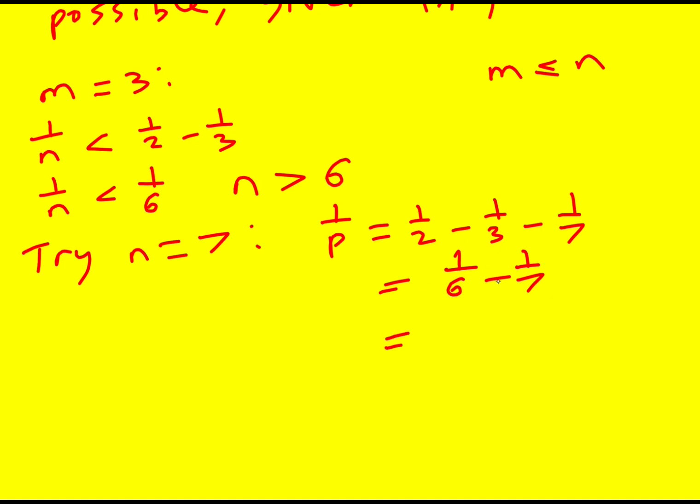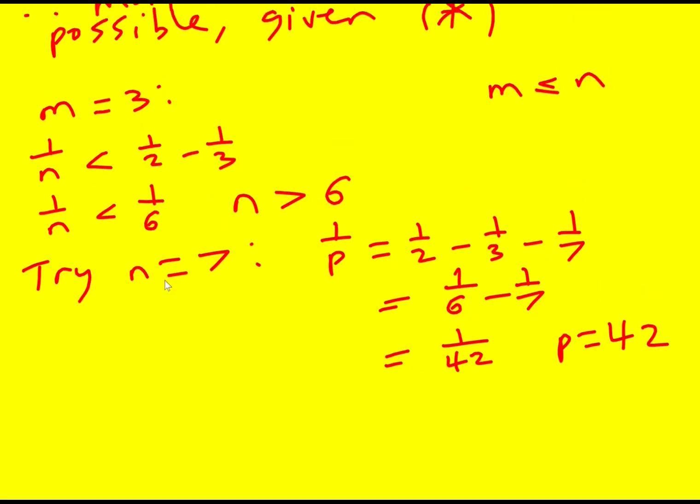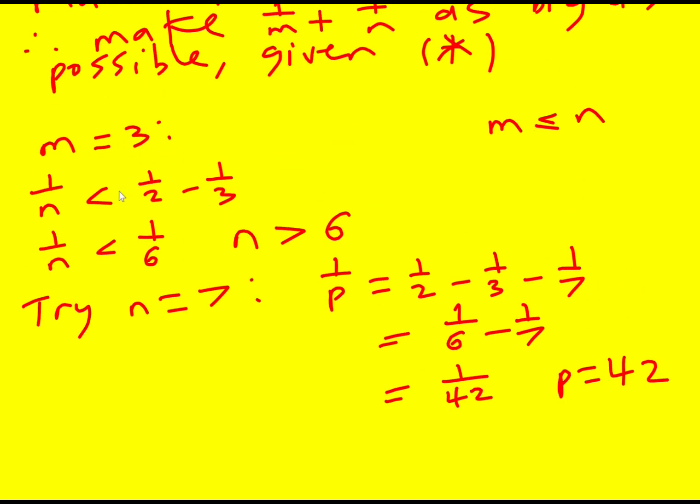So I've got 7 over 42 minus 6 over 42, it's 1 over 42. P is equal to 42. So we've got the same answer as before. Now, that is when m is equal to 3. Okay, that is the best we can do.